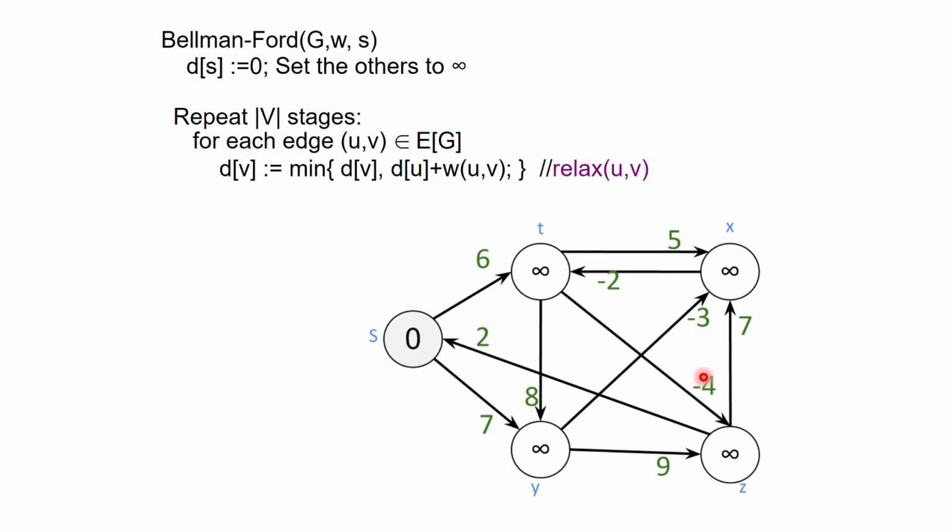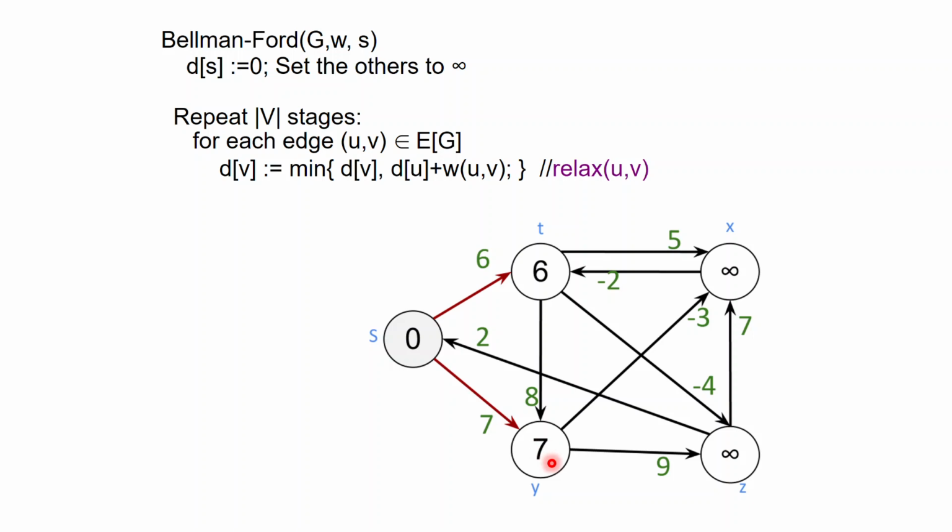Okay, so the first thing that we do, we relax all the edges. So for example, the edge ST here. Distance of T is infinity, so now I'm going to set it to 0 plus the weight of this edge here, so it becomes 6. So I have a 6 and a 7 after relaxing these two edges.